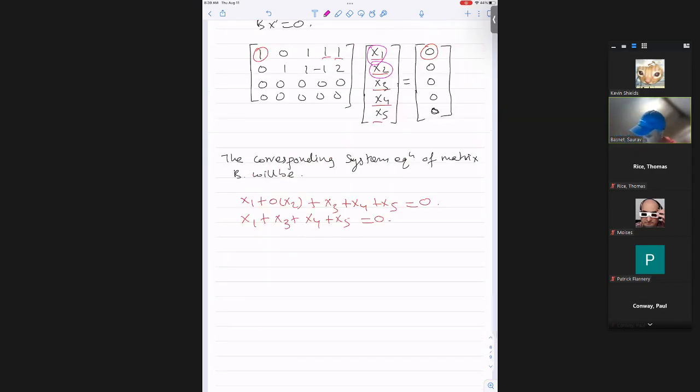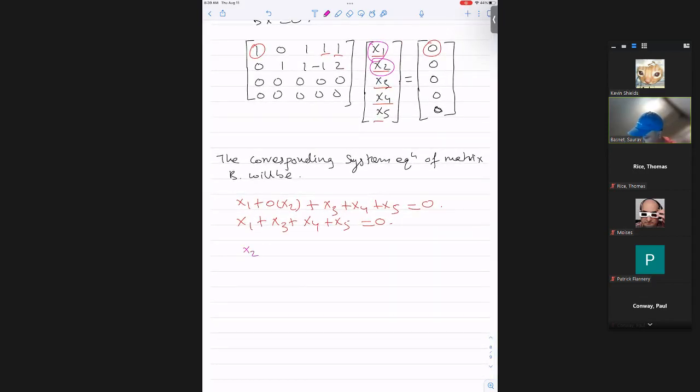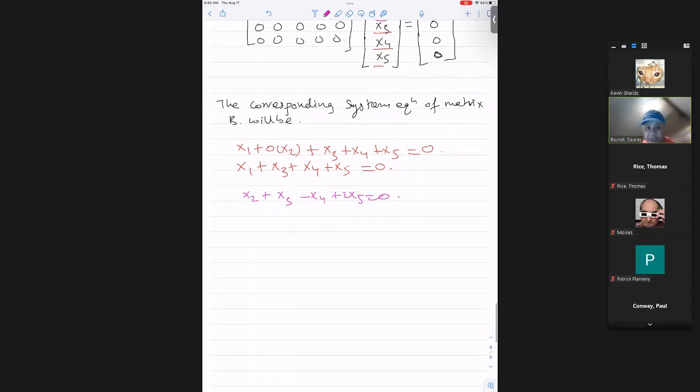So the second one: there is no x1 there, so x2 plus x3 minus x4 plus 2x5 equals 0. Right. So x1 and x2 have leading ones, or they are pivot variables. We solve with respect to them because they are dependent. Others are independent. So what we do is solve the equation for the pivot variables.